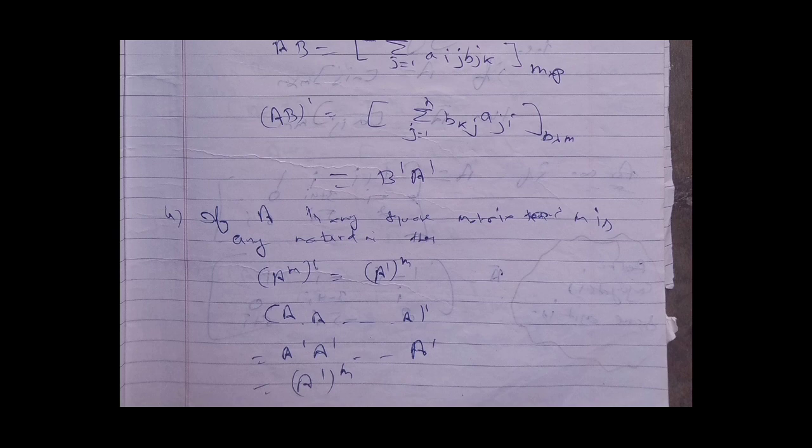LHS is transpose of A raised to the power m, which is transpose of A into A up to m times, which will be equal to transpose of A matrix up to m times, which can be written as transpose of A matrix raised to the power m. So we can easily find the transpose of A matrix first and then give that m power to the transpose of that matrix.